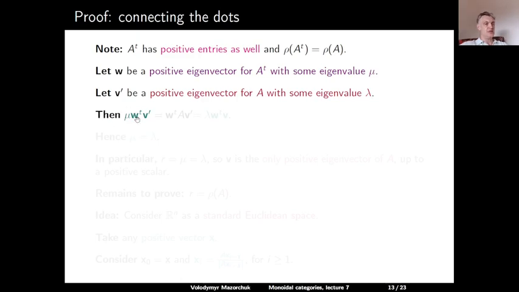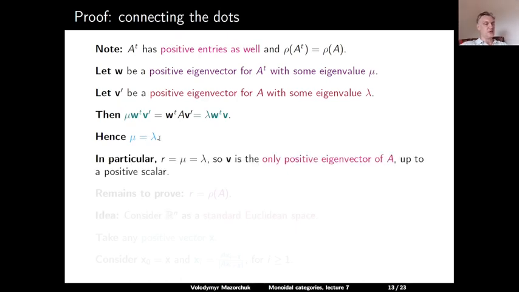Then mu times W transposed times V prime, so mu times W transposed is equal to A transposed times W. So we can rewrite it as W transposed A times V prime. And now A V prime is lambda V prime, so it is lambda W transposed times V prime. And from here, since both W and V prime are positive vectors, their product is non-zero, it follows that mu is equal to lambda.